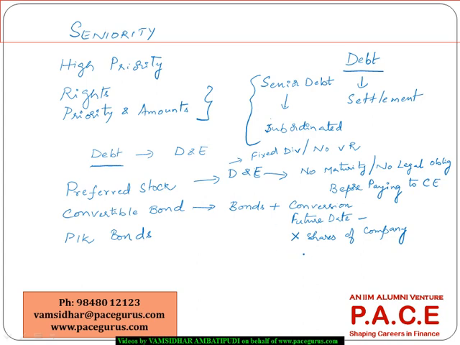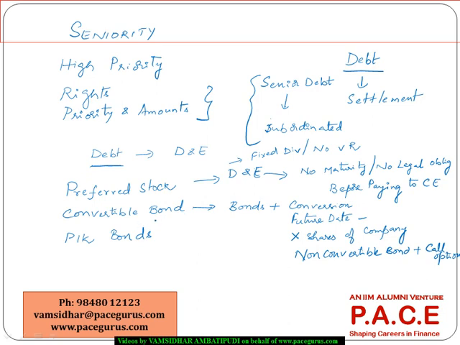So probably from an options dimension, I could have written it as a non-convertible plain bond plus a call option given to the investor. If he wants to convert it into equity, he can convert it, or he can continue with the bond part of it itself.